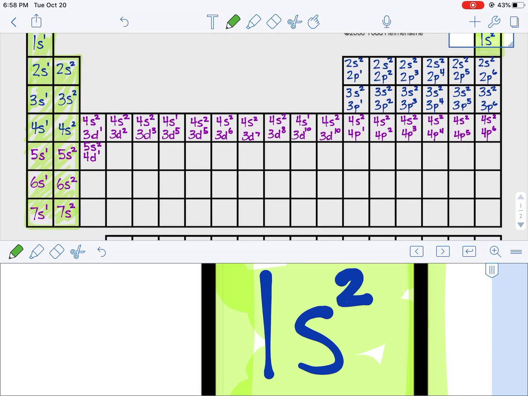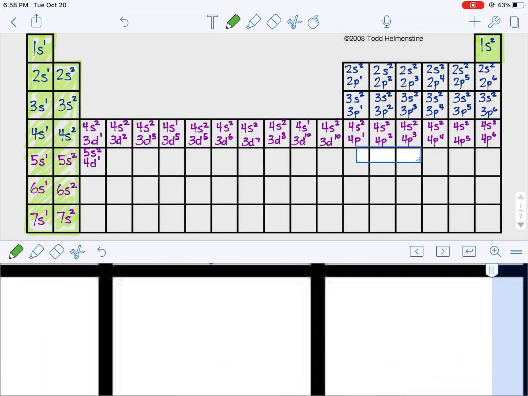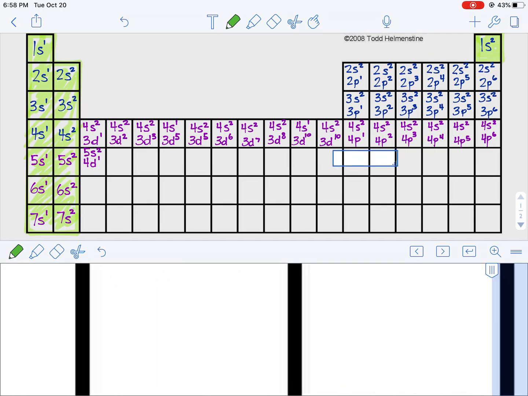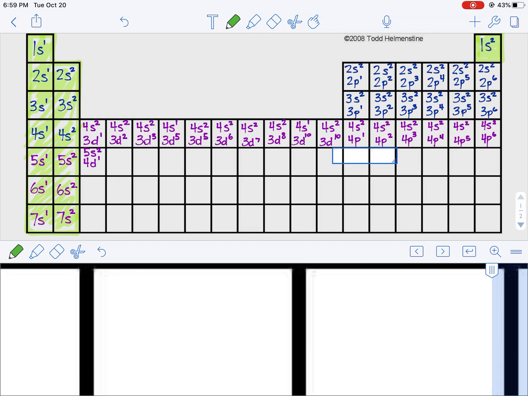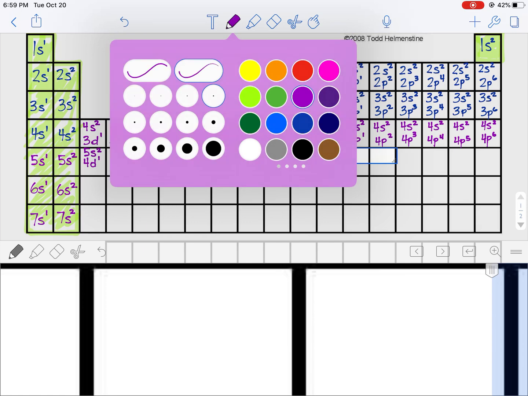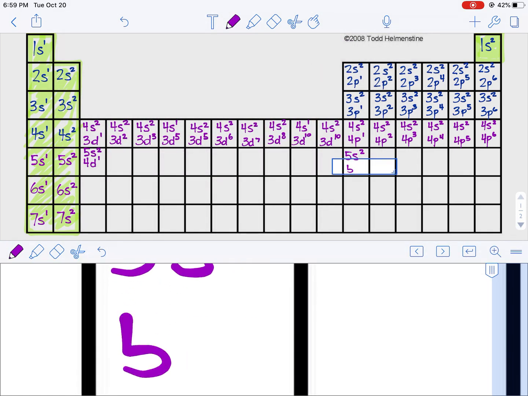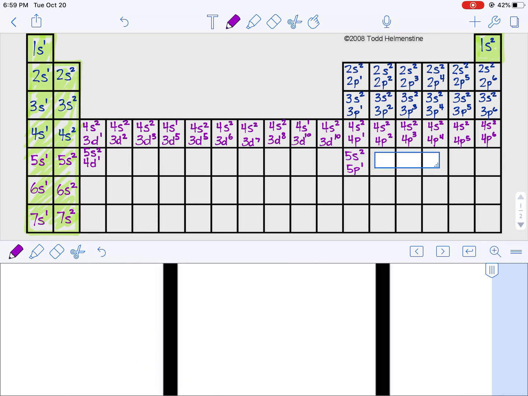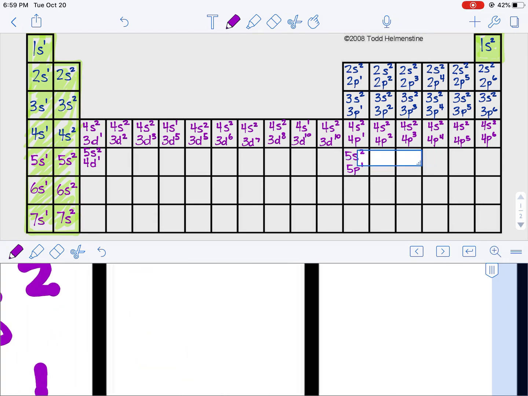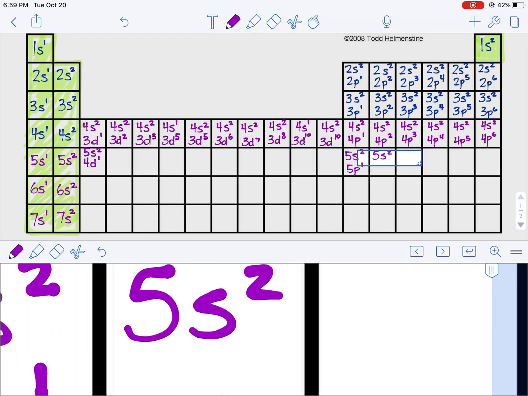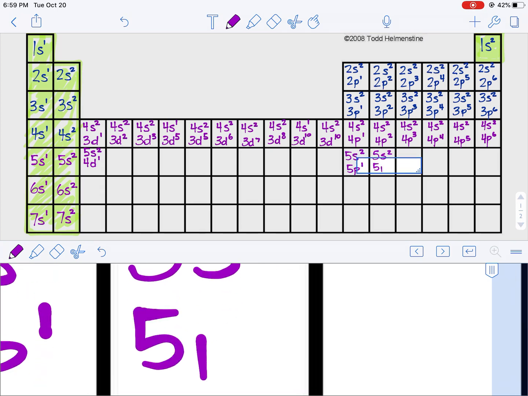Let's look for some more patterns. I'm sure over here on the right-hand side of the periodic table, you're able to start to make predictions too. You know that this next box will say 5s2, 5p1. And you know that the next box will say 5s2, 5p2.